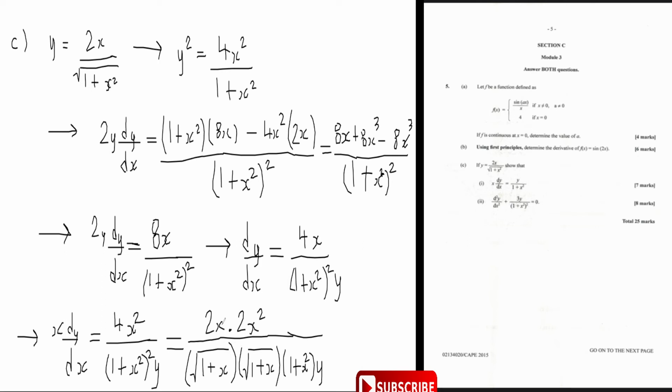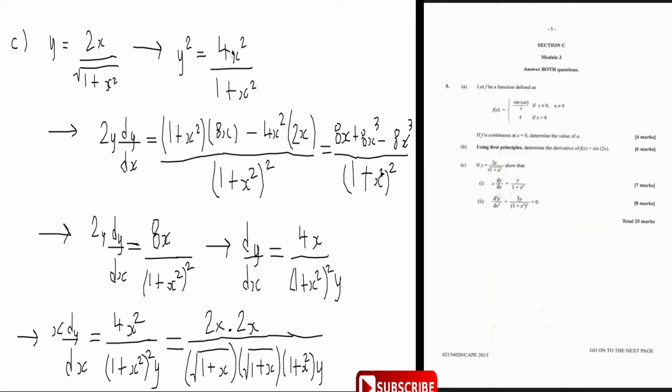Now look at this now. What is 2x over the square root of 1 plus x squared? But look at this, we don't even have to write the numerator as 2x squared. We don't even have to write it like that.